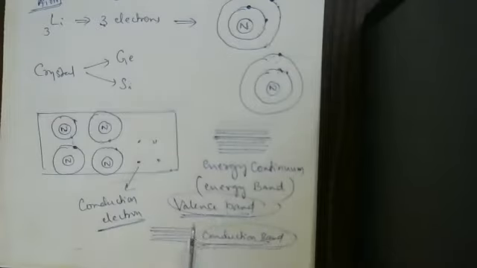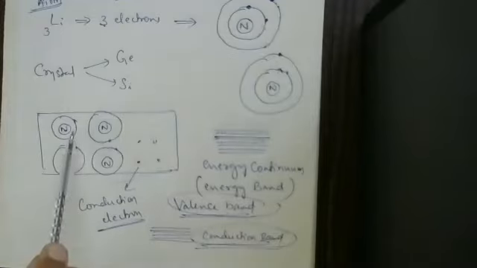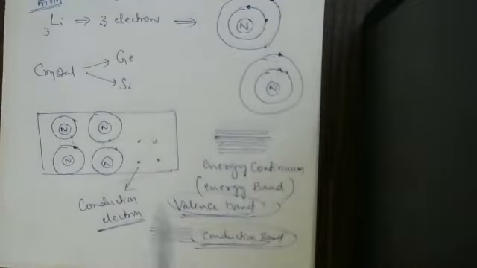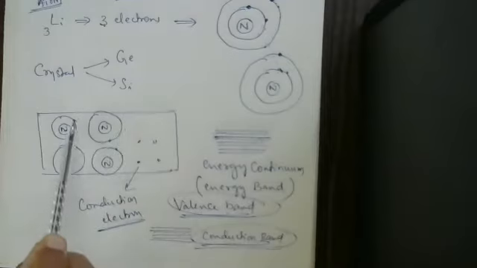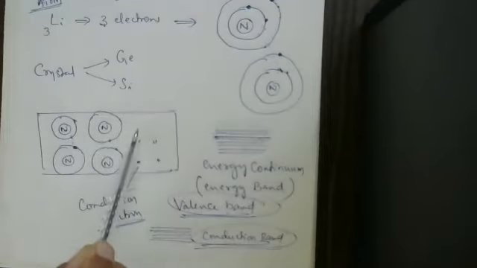I told you yesterday, the valence band is just like SSLC students, who are all still attached to their schools. Whereas conduction electrons means the valence electrons are removed from that orbit. From the school they have been removed, means they have passed out. Once they have passed out, they are moving to another college.